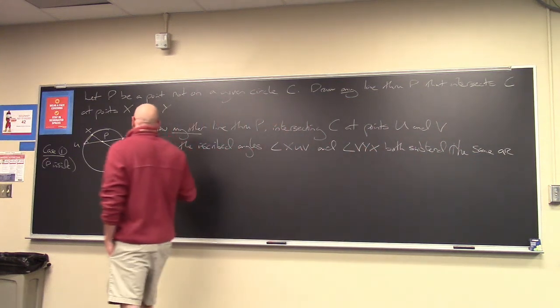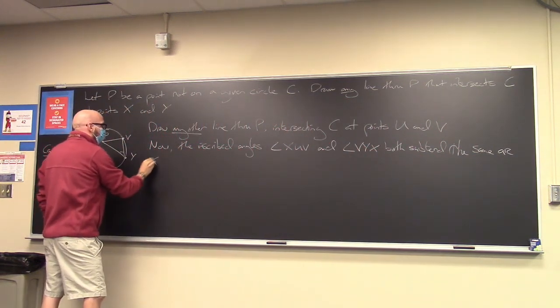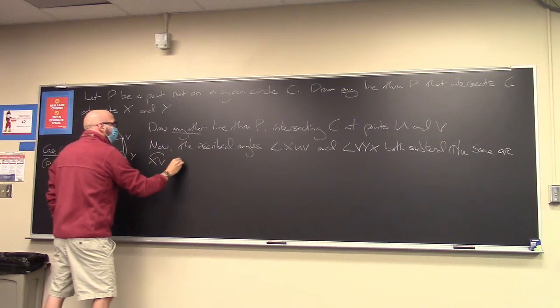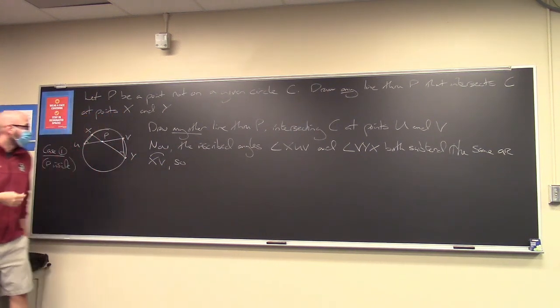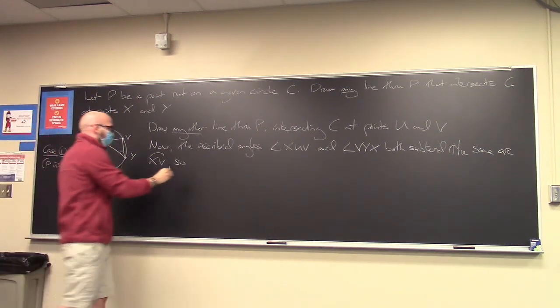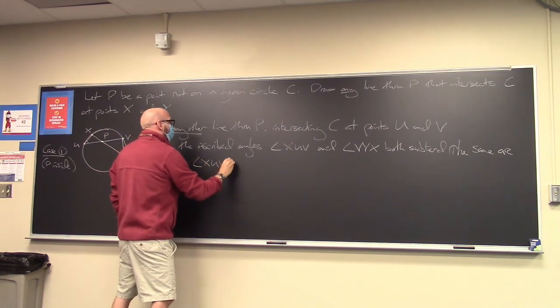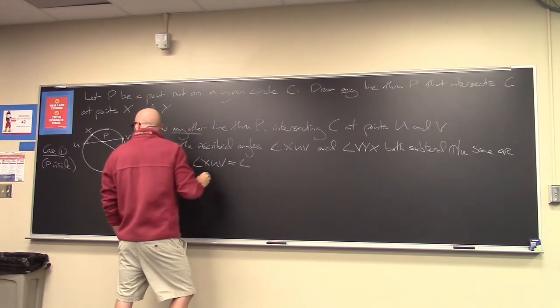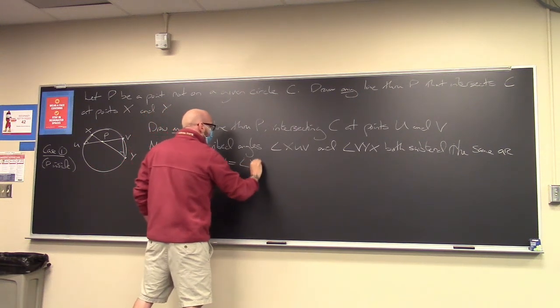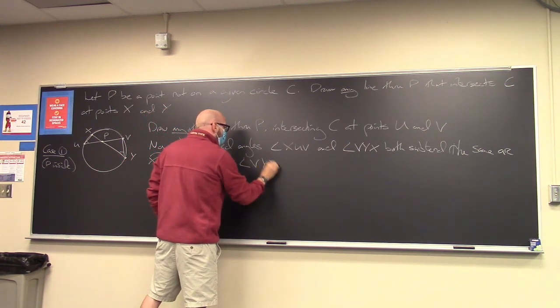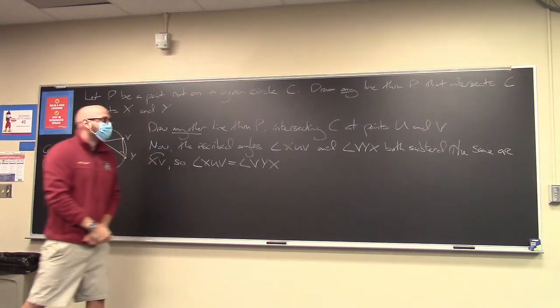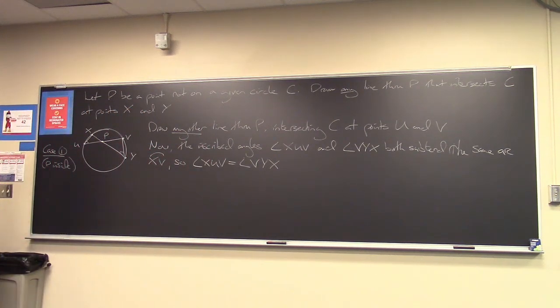I'll even tell you what the arc is: it's the arc XV. So they're the same angle. In measure, angle XUV is equal to angle VYX. Okay, so we have that one. That's a harder observation to make.